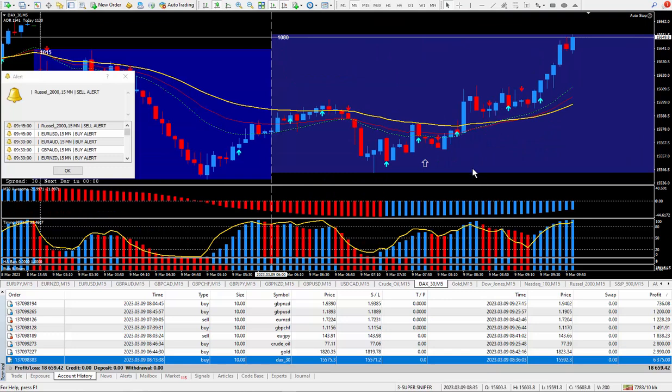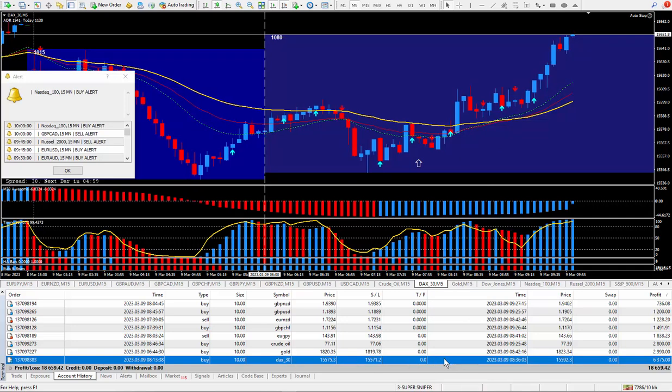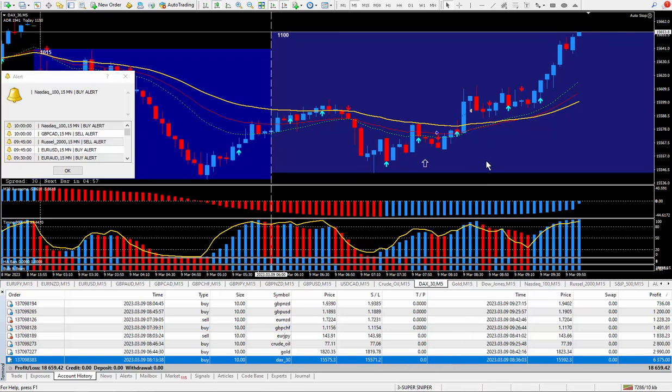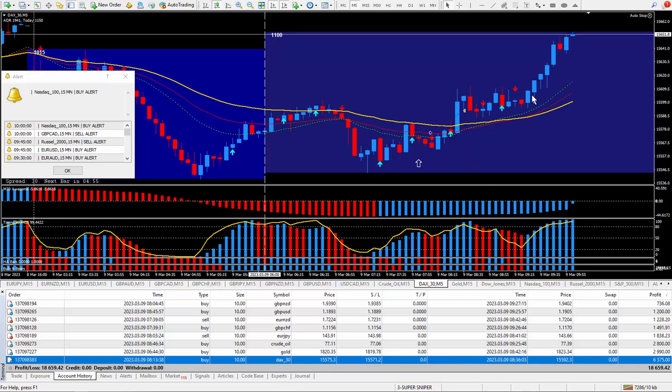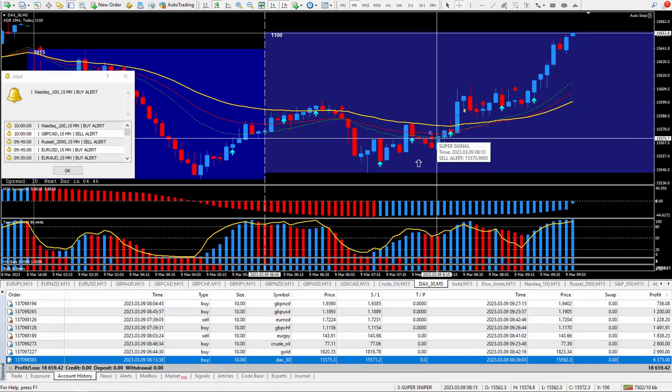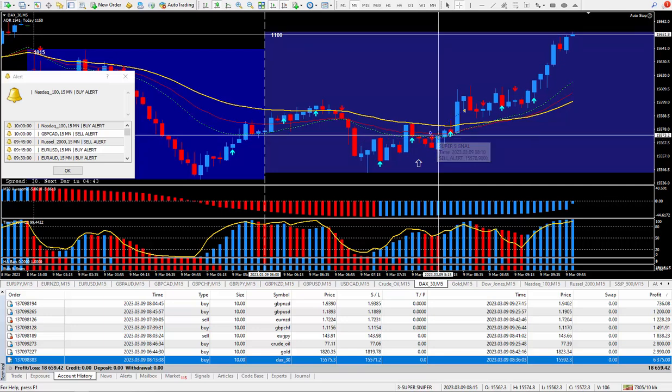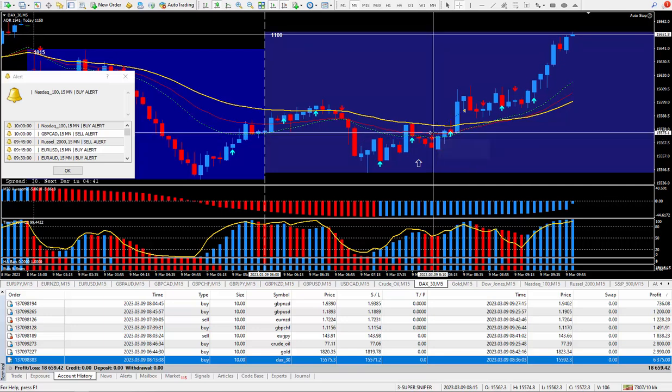Now I dropped it down to the 5 minutes just to try to get an accurate reading. It's very difficult on this DAX 30. Let's see where I got in at. And of course, if I would have stayed in the trade, would have been doing much more. But I was happy with the totals. Now the calculator, after I divided it by $3.75, says it should be 170 ticks.